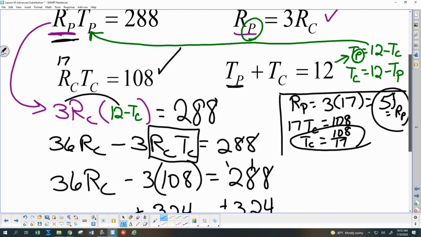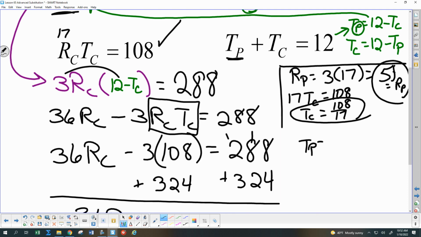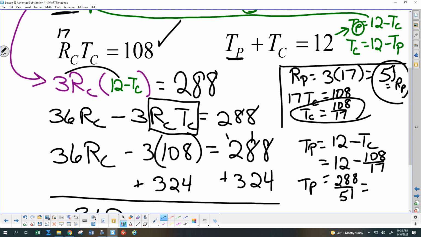I think I'll go with the TP is 12 minus TC, and 12 minus 108 over 17. What fraction does your calculator give you for that? Brea, what does your calculator say? It would have been 288 over 51, and our calculator nicely reduced it to 96 over 17. And we found all four of those.